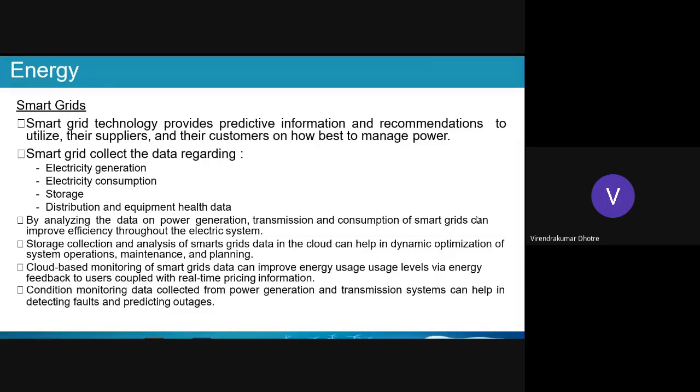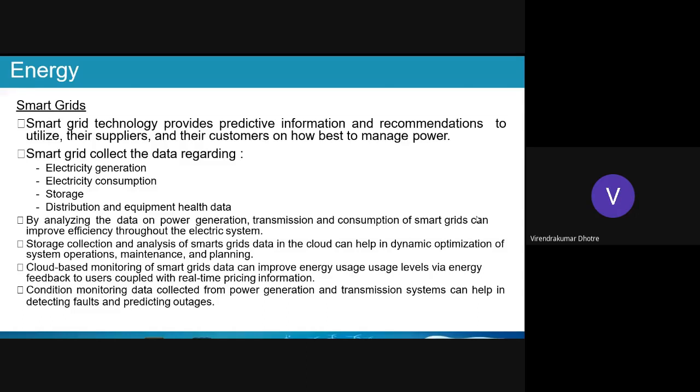So smart grid collects the information regarding four factors: electricity generation, electricity consumption, storage, distribution. So based on the requirement of consumer and usage, the smart grid can manage the electricity generation department. They can inform in advance based on the predictive information.